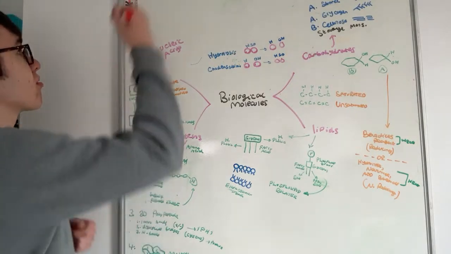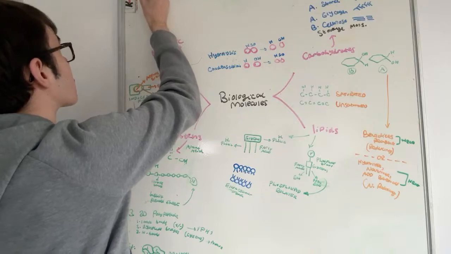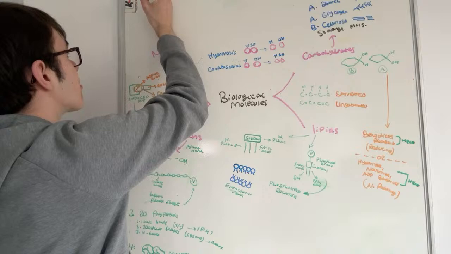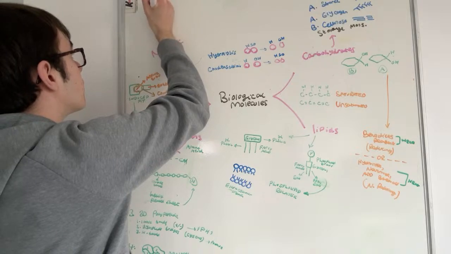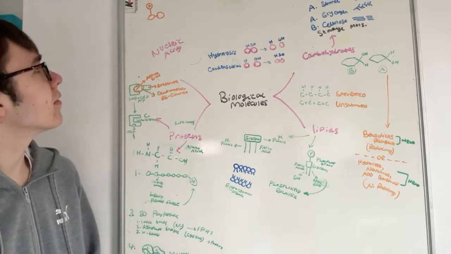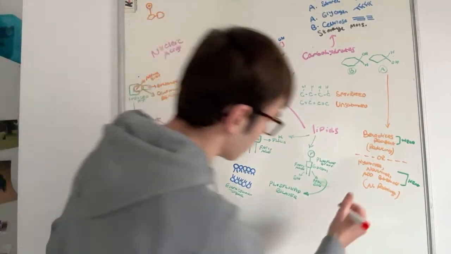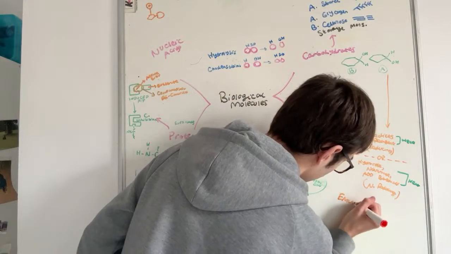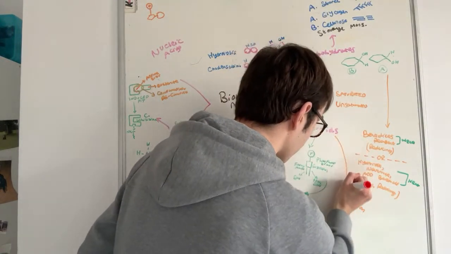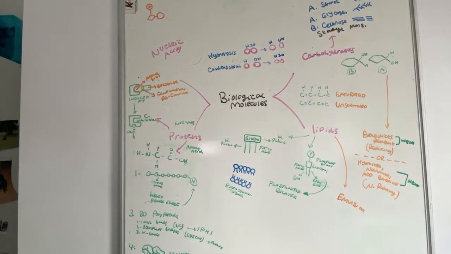Nucleic acids. Okay, now this one's really going to test my memory. You have your base, your pentose sugar. I think that might be it. For a test on lipids, you would use the emulsion test, which I'm going to quickly Google.